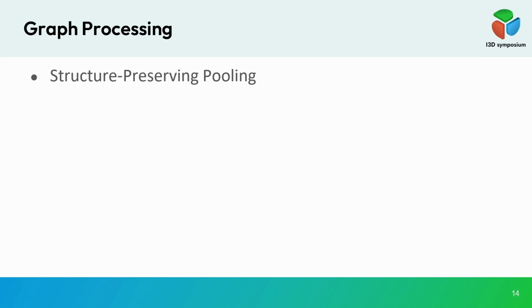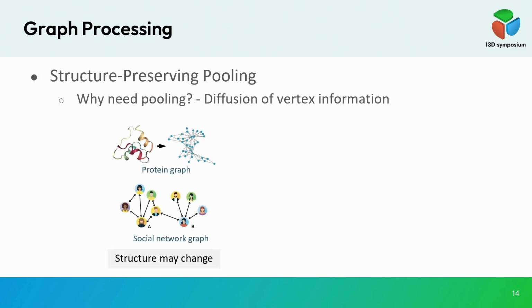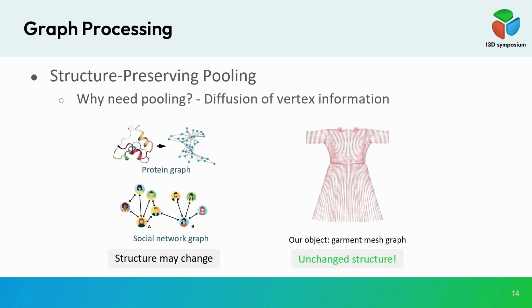However, we cannot directly use existing graph pooling strategies for the garment deformation task, as the pooling strategies from other applications do not always focus on preserving structure. For the garment mesh graph, its structure remains unchanged during the animation. Based on these considerations, we use the garment graph information itself to design the pooling and unpooling processes.